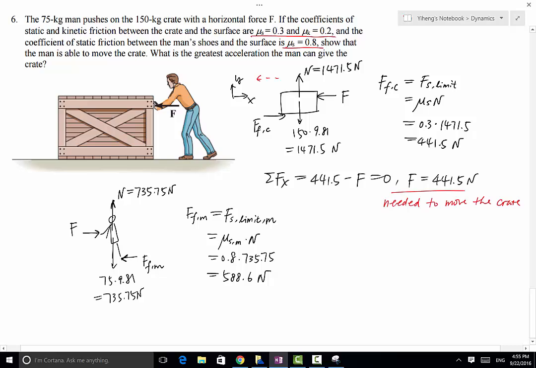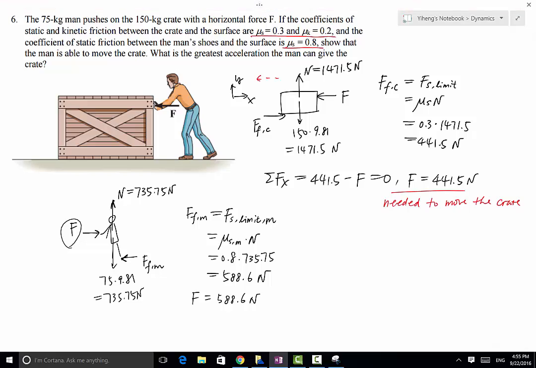Again, a quick force analysis along the horizontal direction shows that this force F prime also equals 588.6 Newton. This is at the instant that equilibrium is about to be broken.